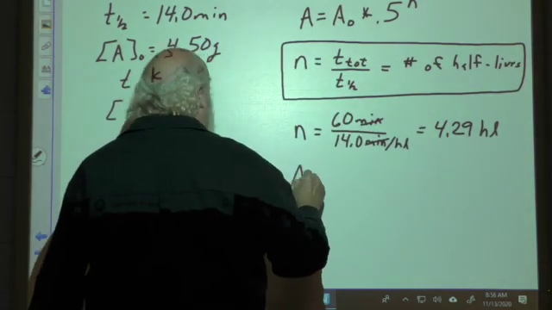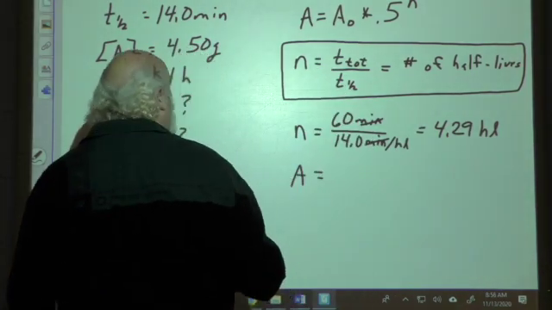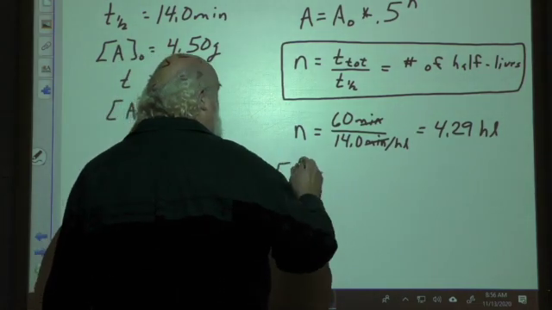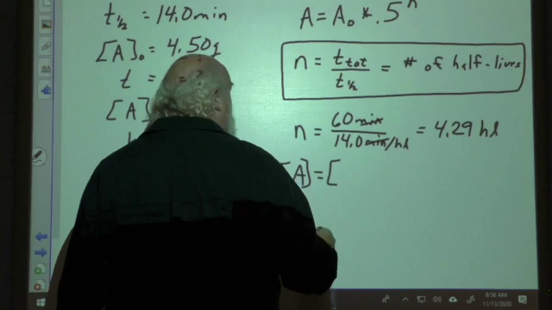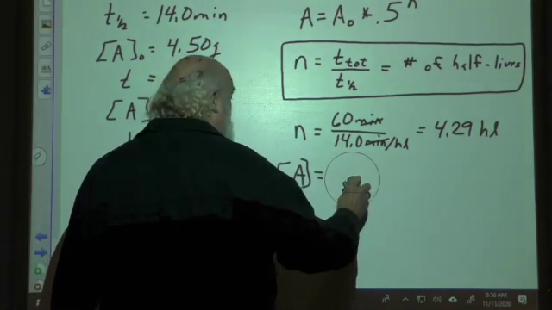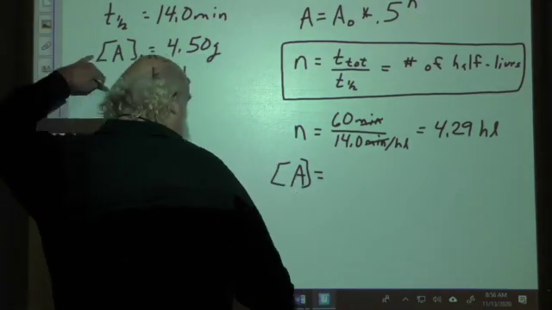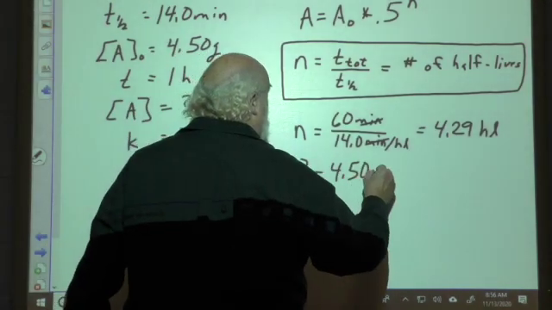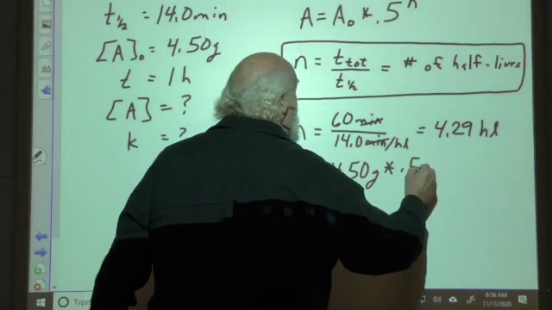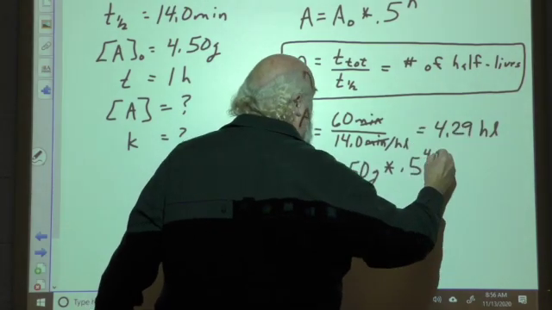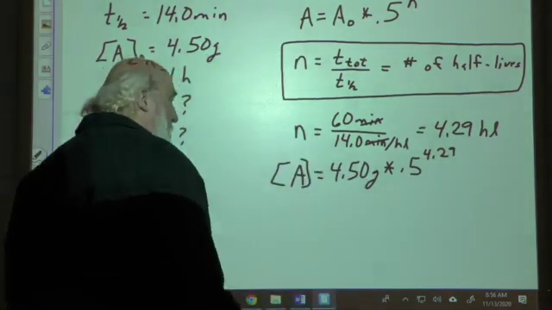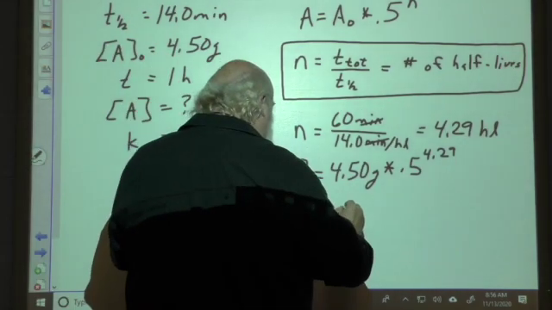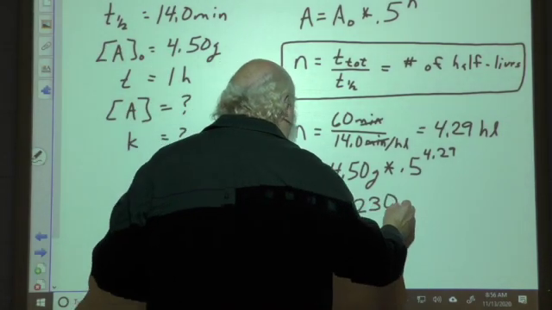So the concentration of A, what we'll call this now, since we're doing concentrations, is equal to the original concentration, which we said is 4.5 grams, times 0.5, and now n is the 4.29 power. We punch that into our calculators and we get an answer of 0.230 grams.